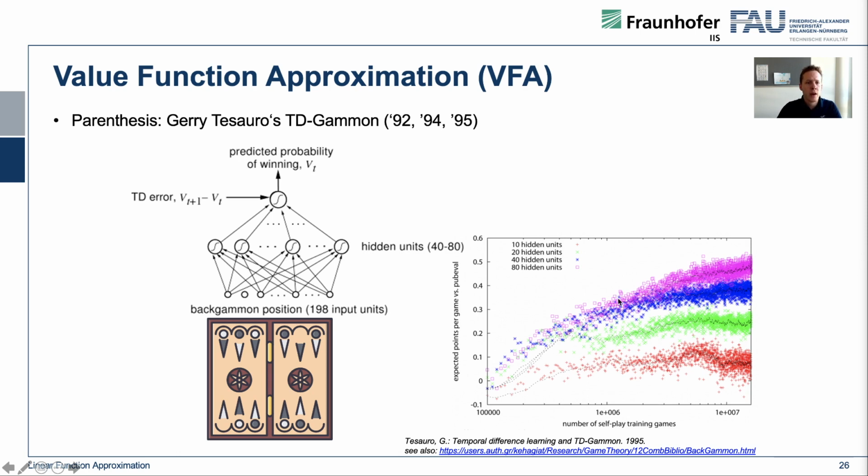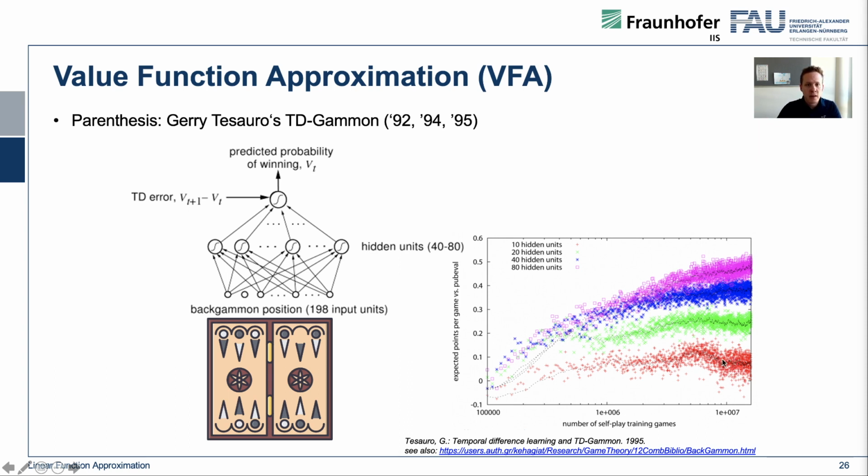So this is actually the performance of the agent. It's not the predictive power of the function approximator, it's really the performance.